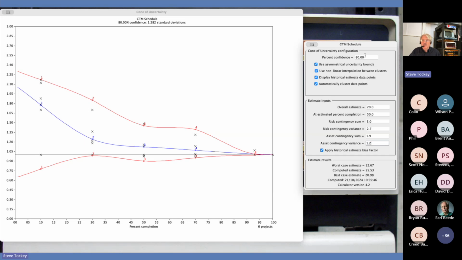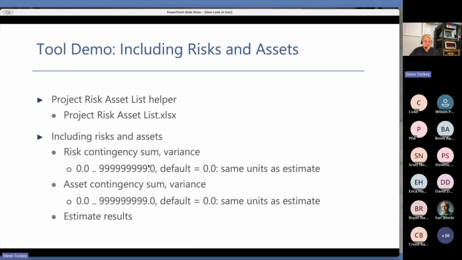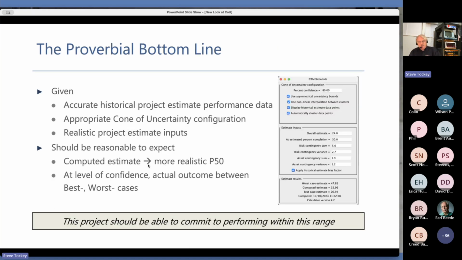Okay, so with an 80% confidence, I'm going to tell you that based on my estimate, those risks, those assets, it's as likely to be more than 25 as less than 25, and I'm 80% confident that it'll be between 21 and 33. There was the spreadsheet tool, plug it all in.